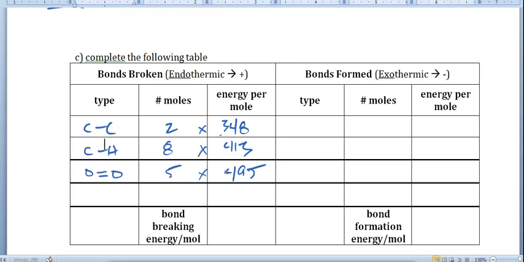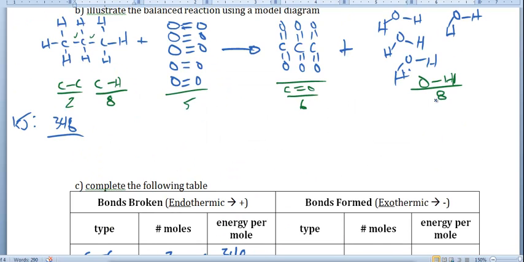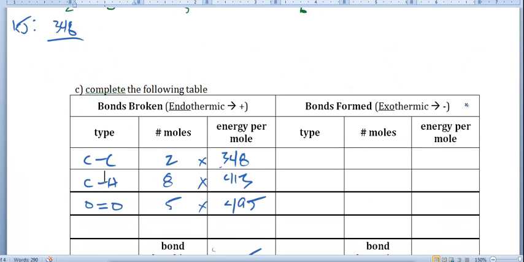And when you multiply 5 by 495, you should get 2,475. All right, and when you take the grand total on the bond breaking side, you should come up with positive 6,475 kilojoules.